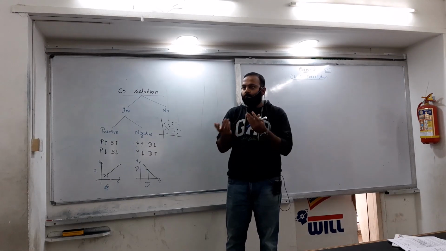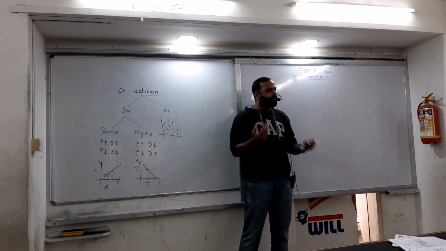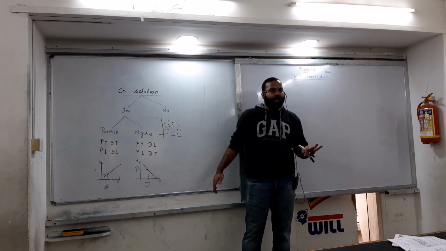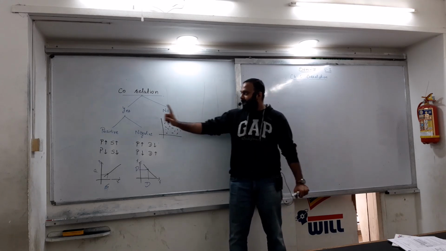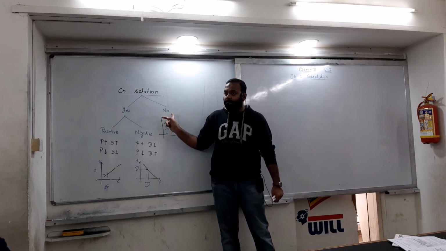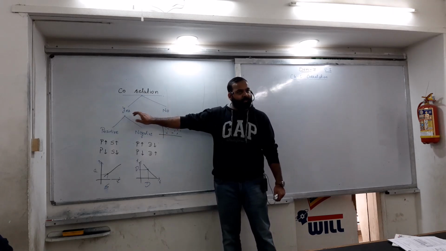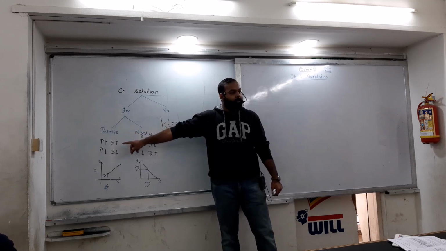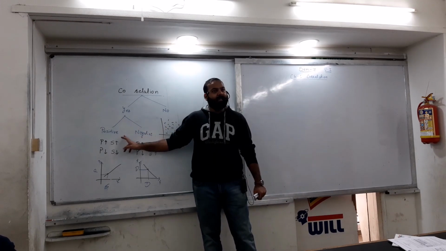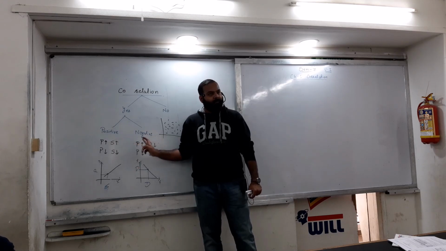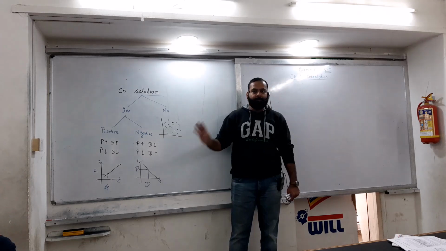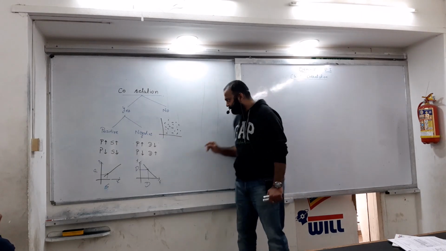Between those two variables, no relationship is visible, so it has no correlation. Are you clear? So there can be correlation, or there can be no correlation between two variables. If there is a relationship, it can be positive correlation or negative. If it is a positive correlation, the graph will be upward sloping. If there is negative correlation, the graph will be downward sloping. Are you clear? Okay.